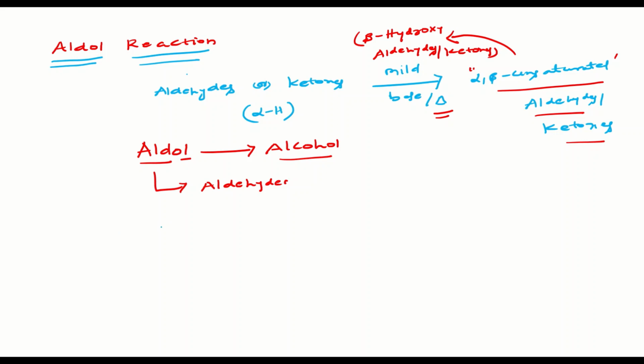Basically, the aldol reaction is applicable to any type of aldehyde containing alpha hydrogen. For example, if I take CH3CHO, here we take 2 moles, and in the presence of basic medium and water and high temperature, or else instead of temperature I'll just use water only, you will end up with CH3CHOHCH2CHO.